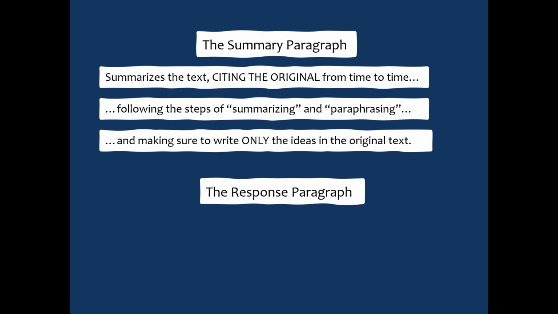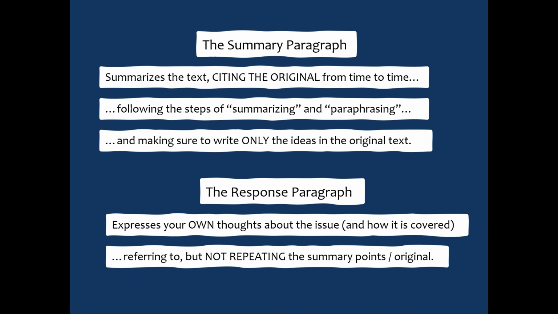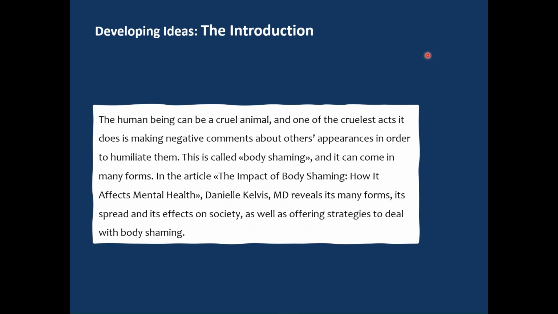And the response paragraph expresses your own thoughts about the issue and how it is covered, referring to but not repeating the summary points or the original. Let's take a look at each part of this type of essay one by one, starting with the introduction.